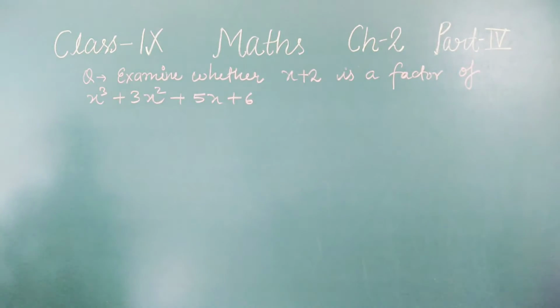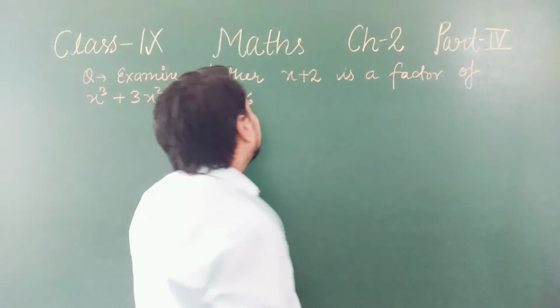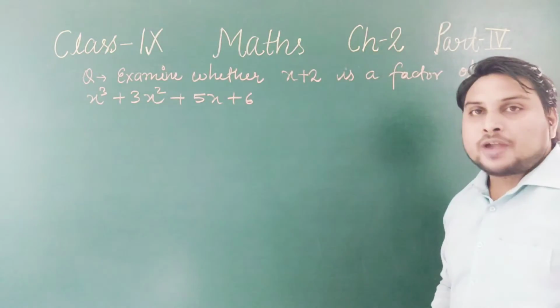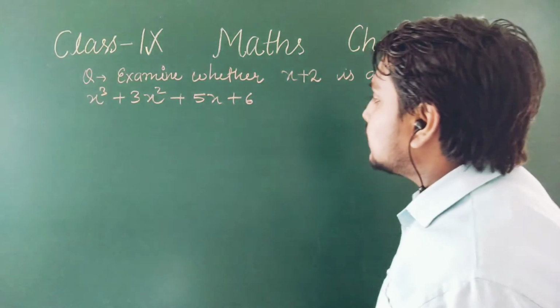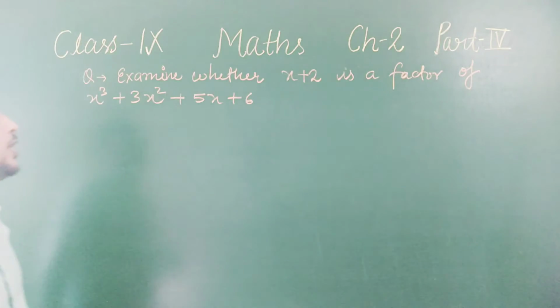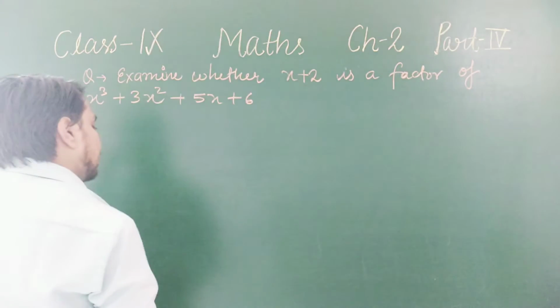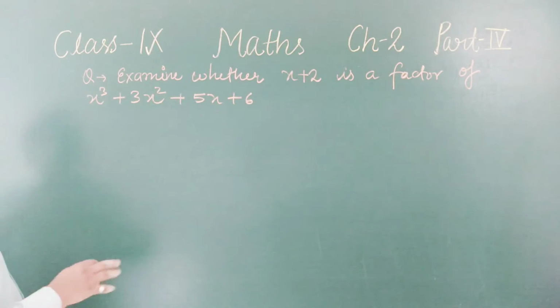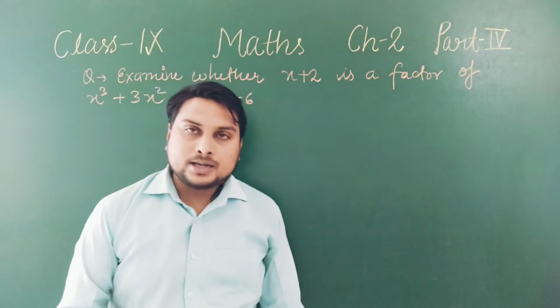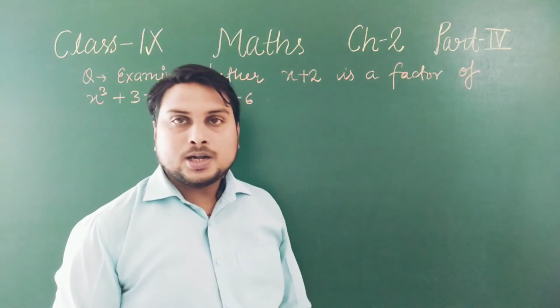So one question I have written on the basis of the factor theorem: examine whether x plus 2 is a factor of x cube plus 3x square plus 5x plus 6. We have to check whether it is a factor or not, so we will do the same procedure as in finding the remainder by applying the remainder theorem.